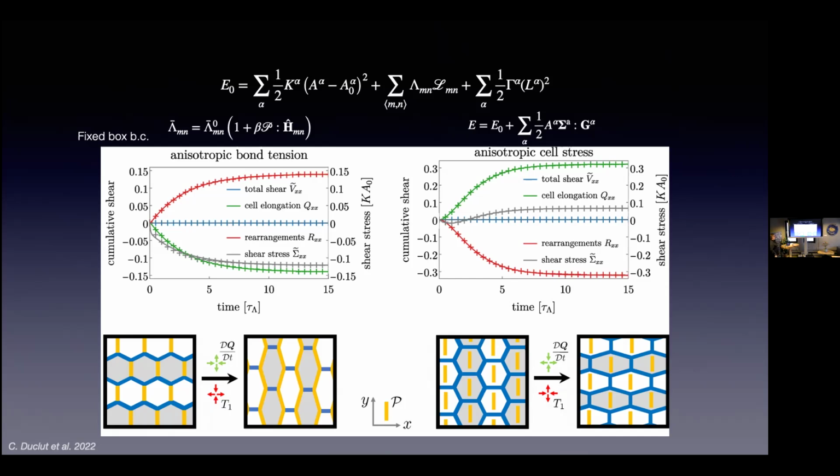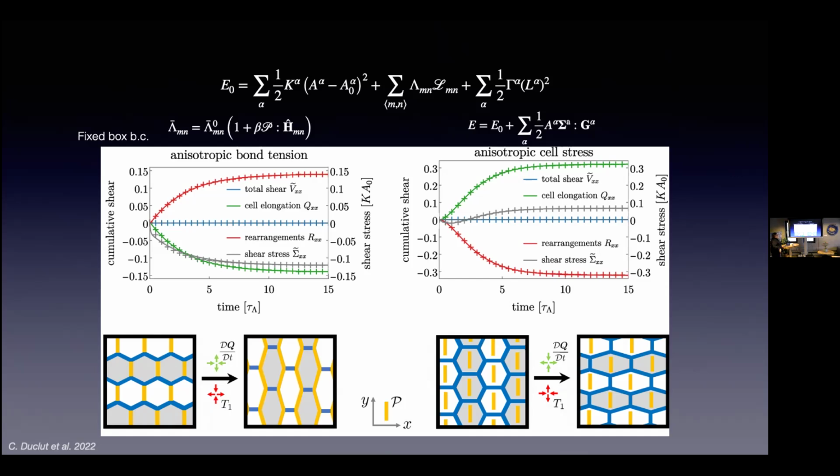And if you do this, you implement some time scale into the system, so you have a dynamical simulation going on, and you look at the different components of the energy and the stress on the periodic box. You see that you get a bunch of it coming from cell rearrangement, red is cell rearrangements. So you get these directed, anisotropic stresses coming from the rearrangements.